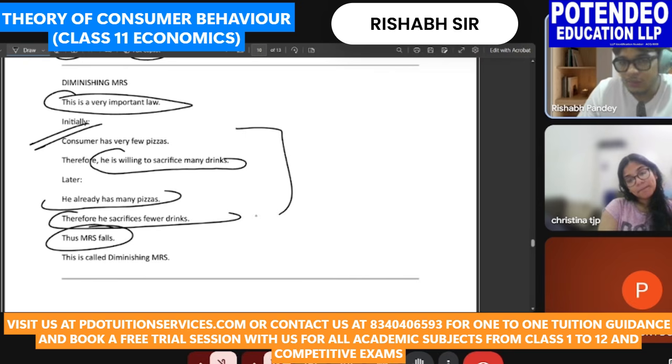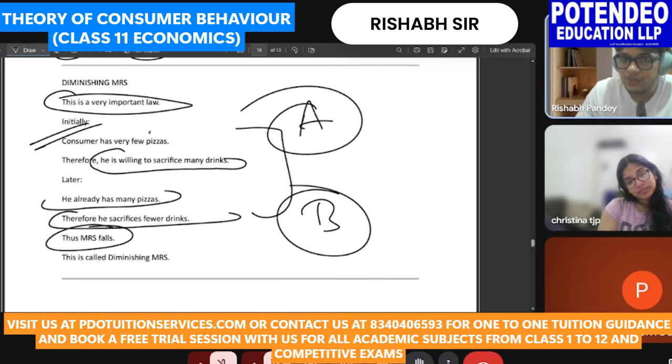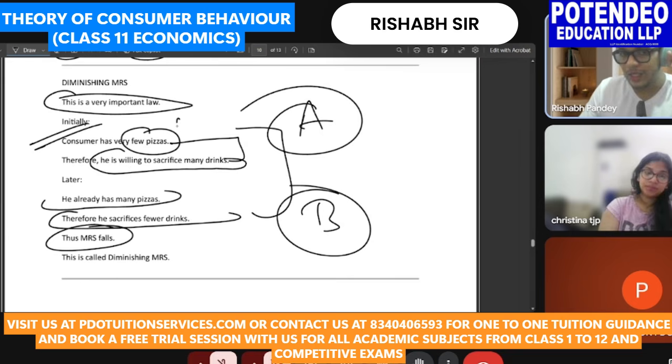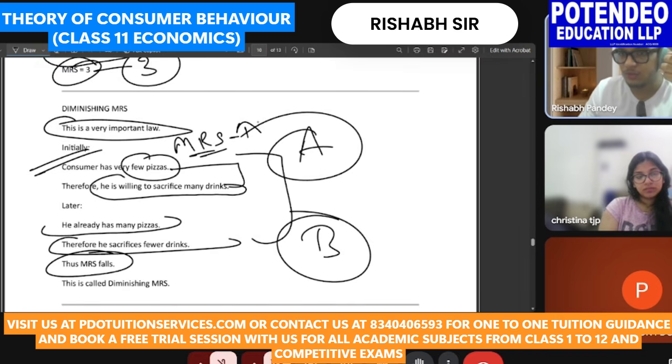If we compare both case A and case B. In case A, he has very few pizzas, so the pizza quantity is less. So he is willing to sacrifice the drinks for pizza. So the MRS is on the pizza side, it's more. Am I right? No, no, because you're sacrificing the drinks, so it's the MRS on the drink side.